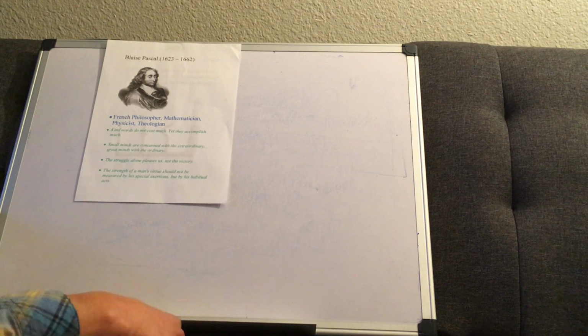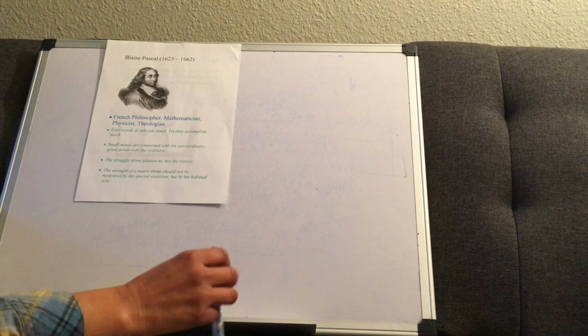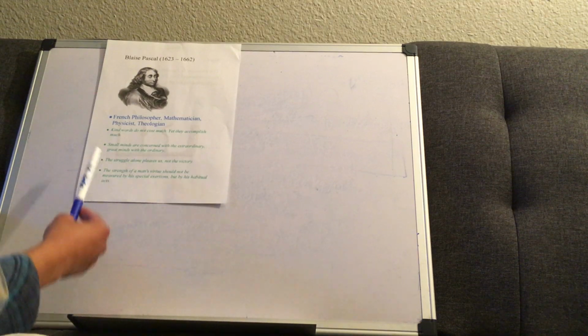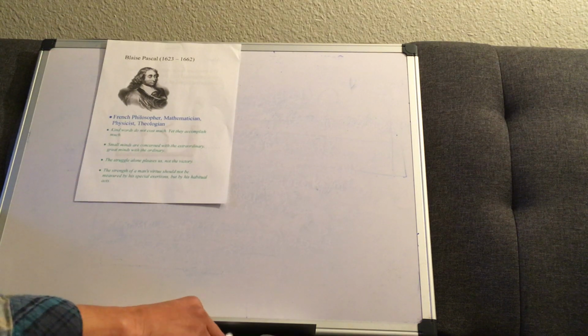Some interesting sayings from him are here. Kind words do not cost much, yet they accomplish much. Small minds are concerned with the extraordinary, great minds with the ordinary. The struggle alone pleases us, not the victory.